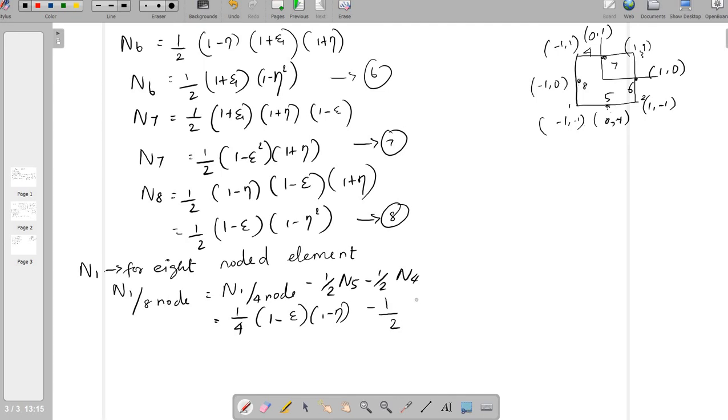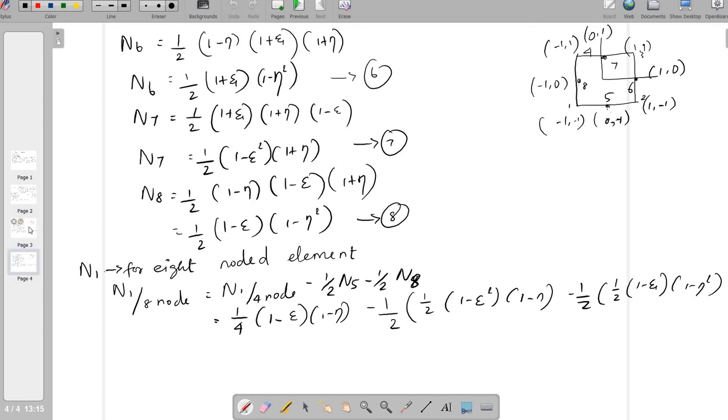Half of N5 is 1 by 2, 1 minus epsilon square, 1 minus eta, minus half of N8. Here it is not N4, it is N8. Half of N8, 1 minus epsilon, 1 minus eta square. So the N8 equation is here. Kindly refer, and the N5 equation is in the previous slide.